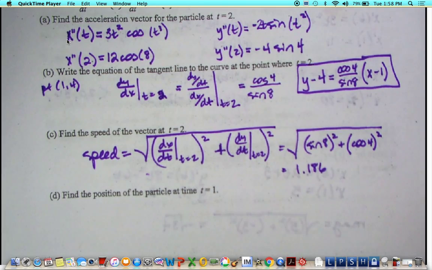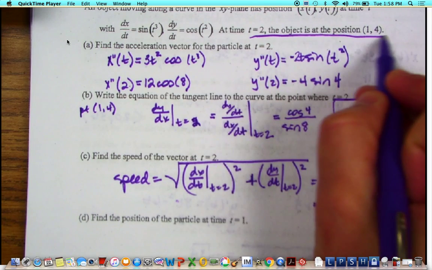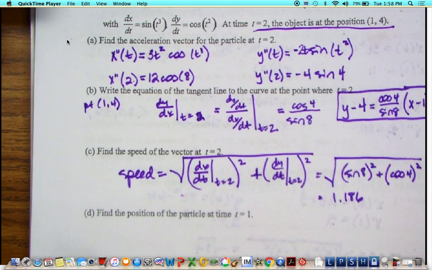So if you think about the one we did yesterday, it was a little easier because it was from 2 to 3. You started at the point that you knew, and in this particular problem you're working backwards. So you know the position at time 2, okay? So here's what you know.